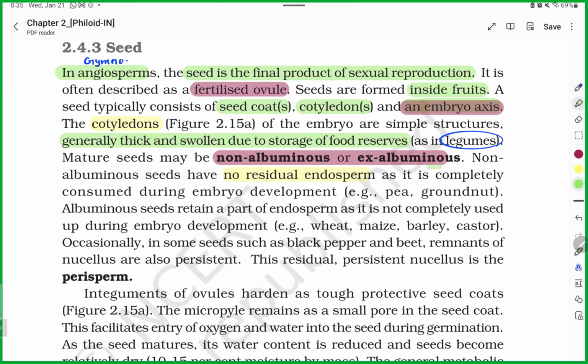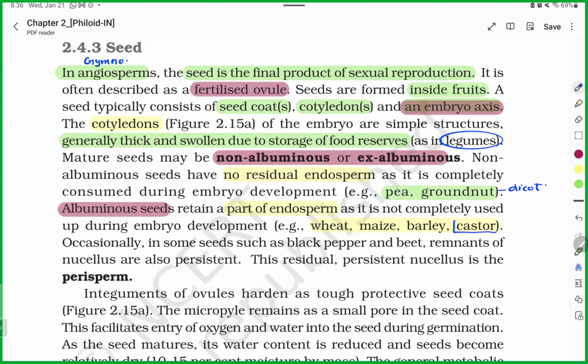Example, dicots. If you see an albuminous seed, it will contain endosperm. Some part is remaining, for example wheat, maize, barley, castor.